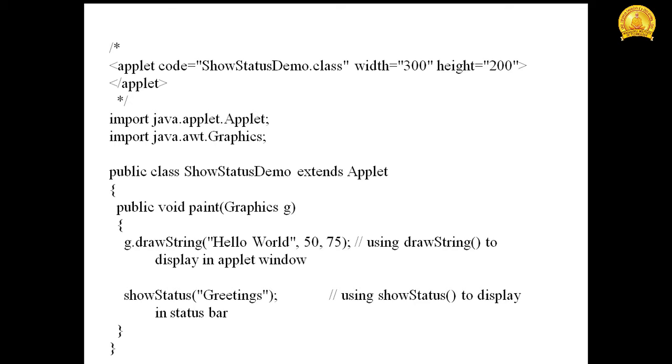So I've made the class public, and the name of the class is ShowStatusDemo, which is the name that is mentioned in the applet code. Now my class extends the Applet class, and inside the class I've not defined any other method, neither init, start, stop or destroy. That doesn't mean that my class doesn't use those methods.